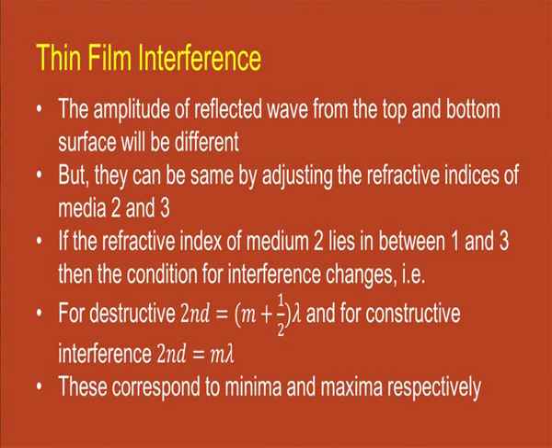That is, for destructive interference we need to satisfy the condition 2nd is equal to (m plus half) lambda, and for constructive interference 2nd is equal to m lambda. These correspond to minima and maxima respectively.